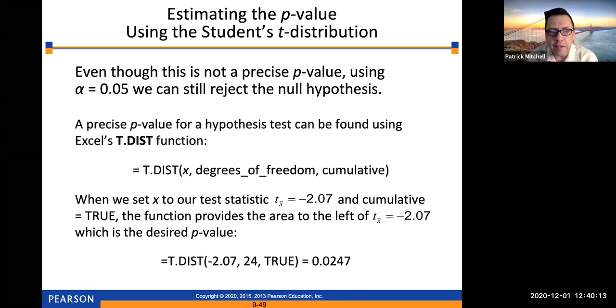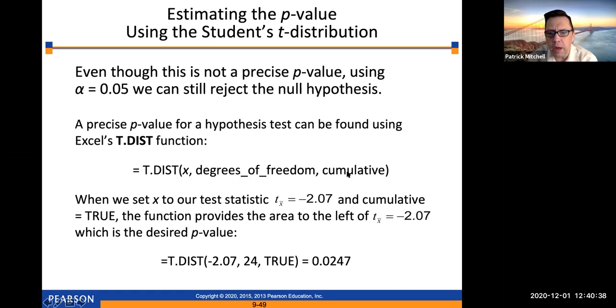This slide is explaining how to use Excel using the t.dist function. The way that works is you go to a blank cell and type in equals t.dist. X would be your calculated test statistic, negative 2.07. Your degrees of freedom for this problem is 24.